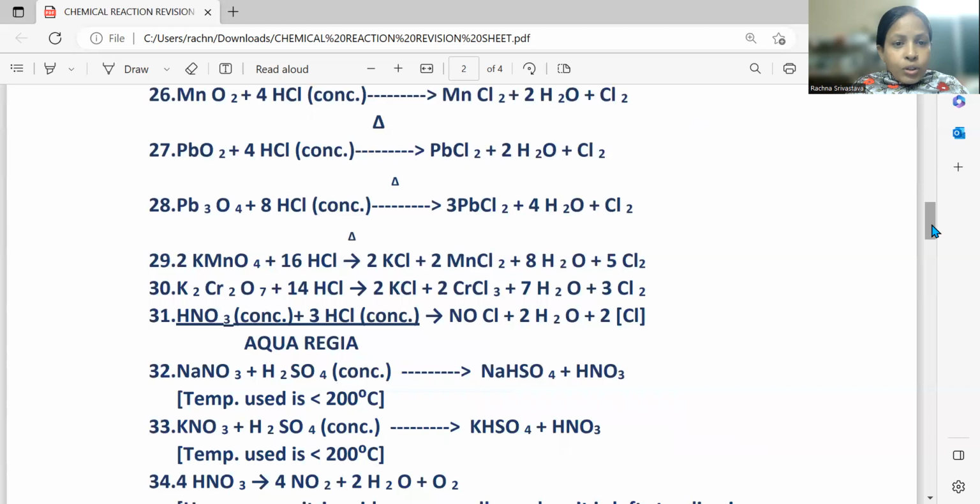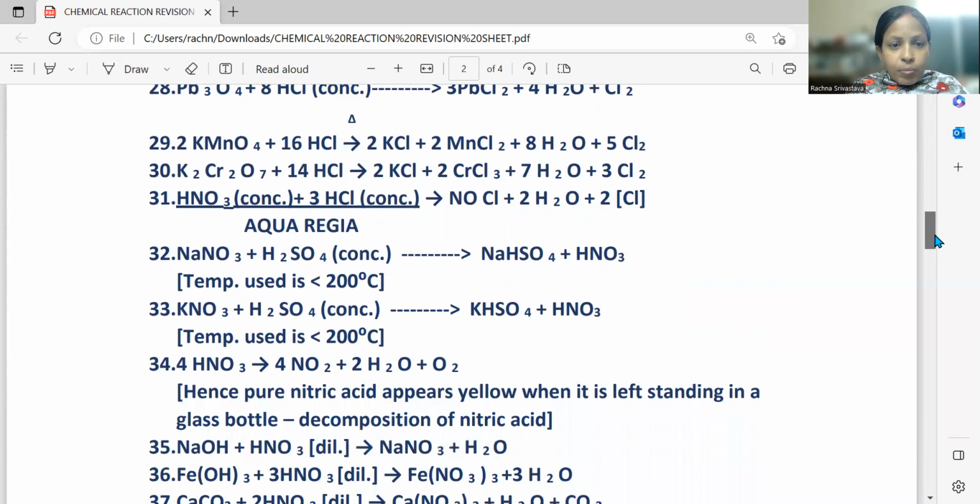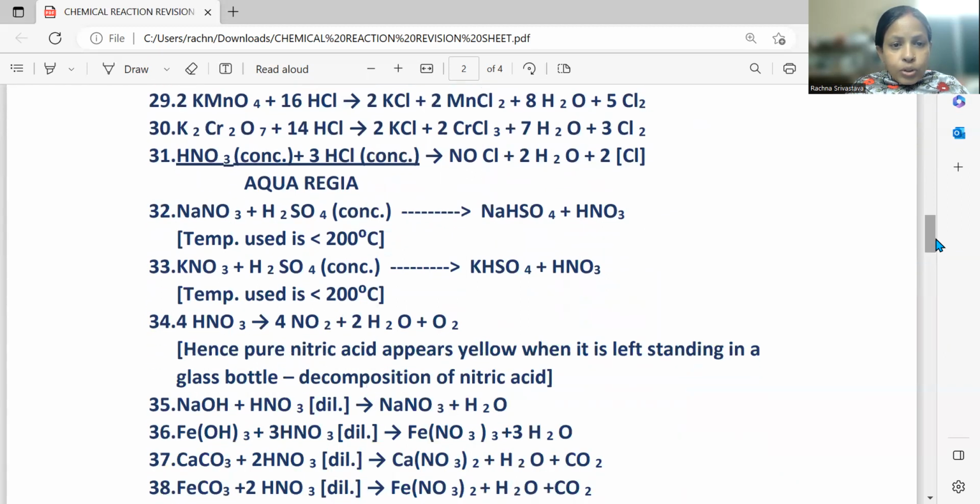Now your conc HNO3 and conc HCl are taken in the ratio 1:3, 1 part nitric acid and 3 parts of HCl in the concentrated form. And this mixture is known as aqua regia. This is also one of the important reactions which you should be knowing. Then if we talk about equation number 34, HNO3 giving NO2, H2O plus O2.